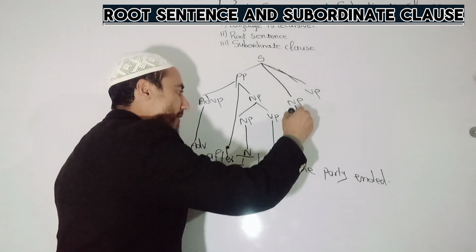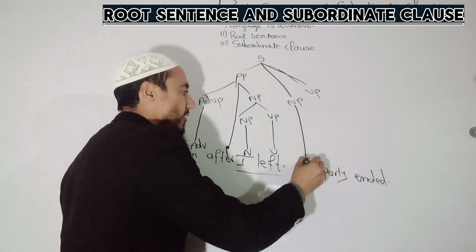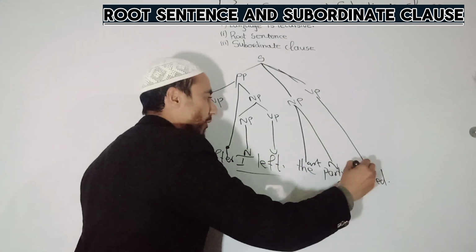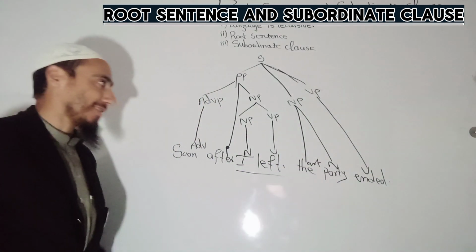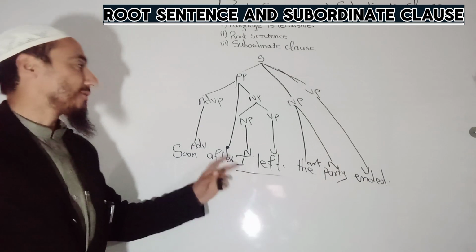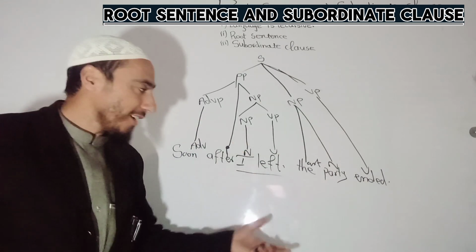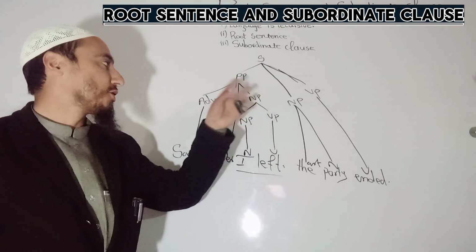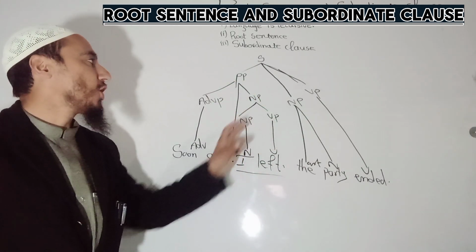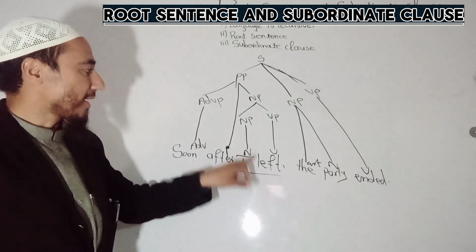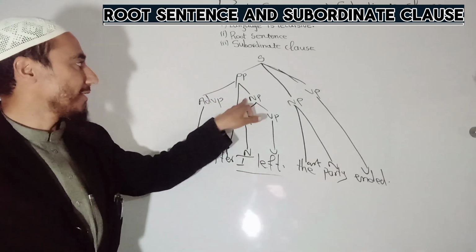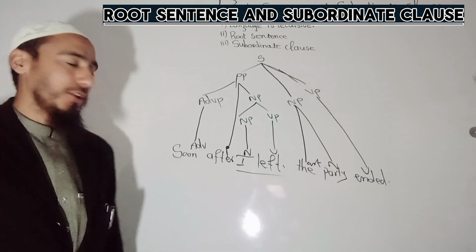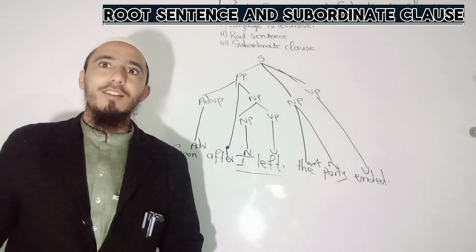Like in NP we have the, that is an article, and we have party, that is N, and indeed that is V. So listeners, it is clear that our subordinate clause can appear after PP, prepositional phrase. If you see this one, I separated a string of it after PP.